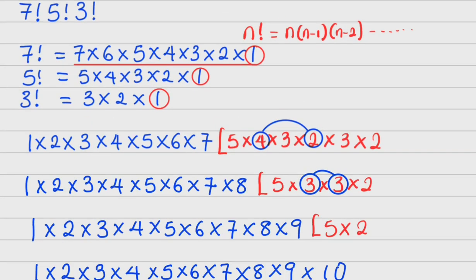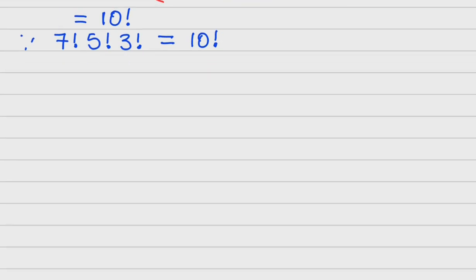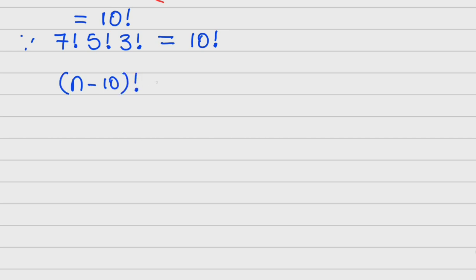But recall, let me show you. It is n minus 10 factorial that is equal to 7 factorial times 5 factorial times 3 factorial. Hence, I will now come down here and say that n minus 10 factorial is equal to 10 factorial.